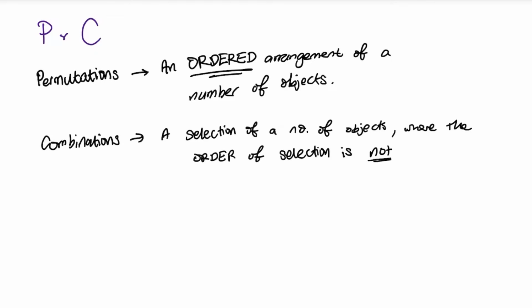This will be very useful later on down the road when you're looking at questions and considering: do I have to use a permutation method or a combination method? I'm going to look at permutations first, and we'll look at combinations later.